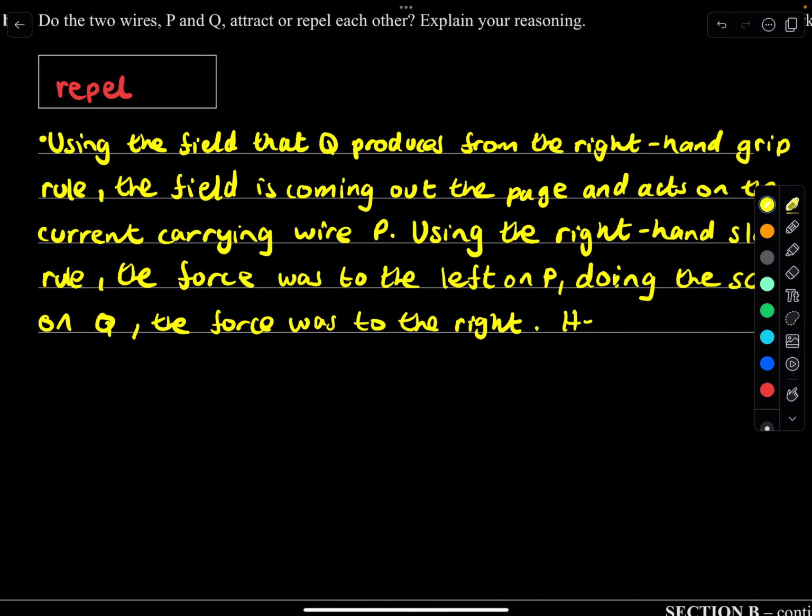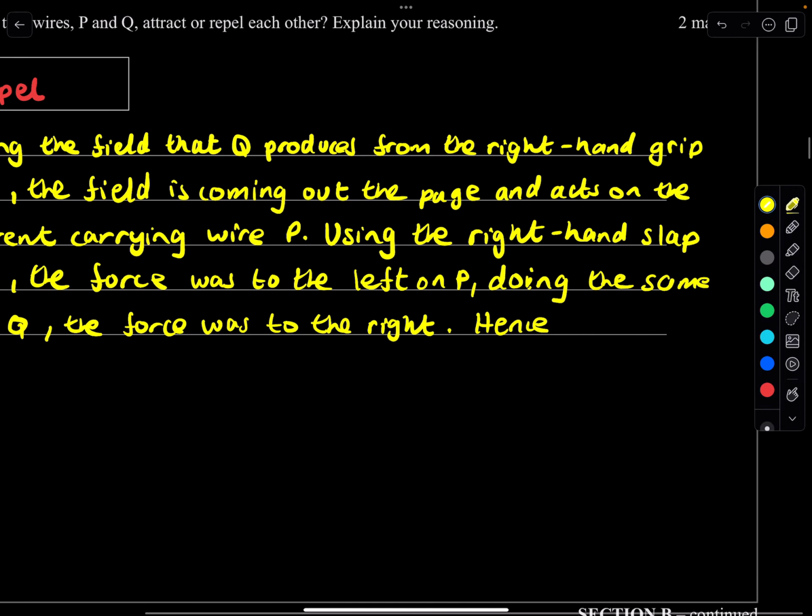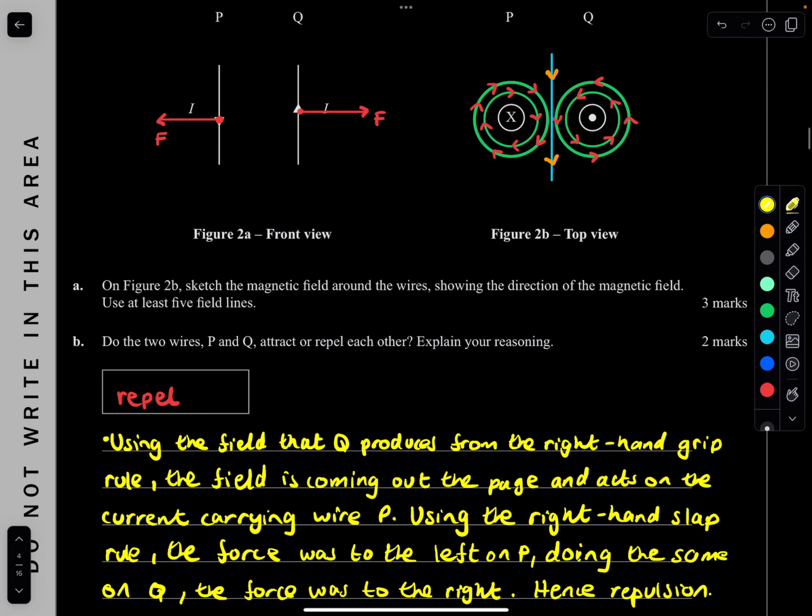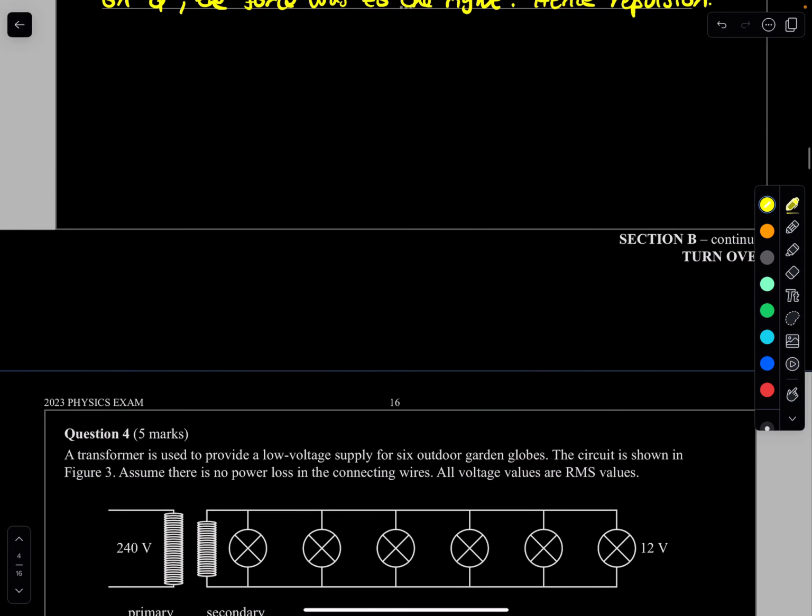Hence repulsion. And that's it. I don't think you would run out. Yeah, that's basically it. Perfect.